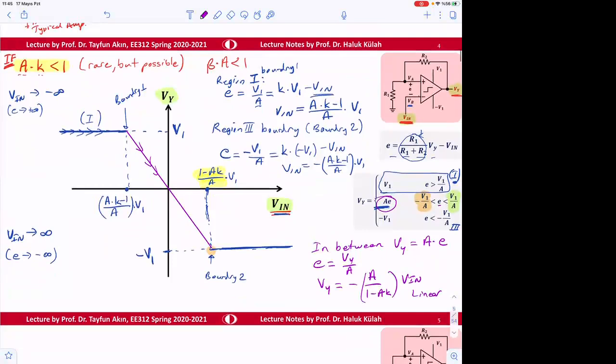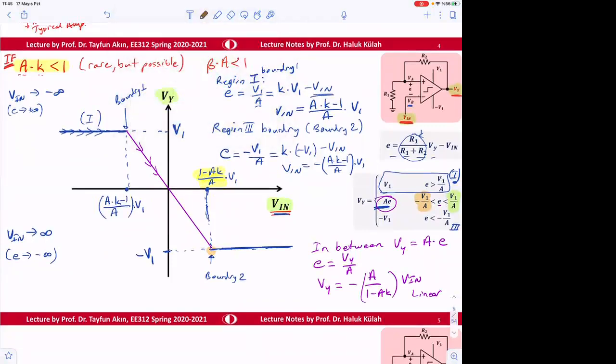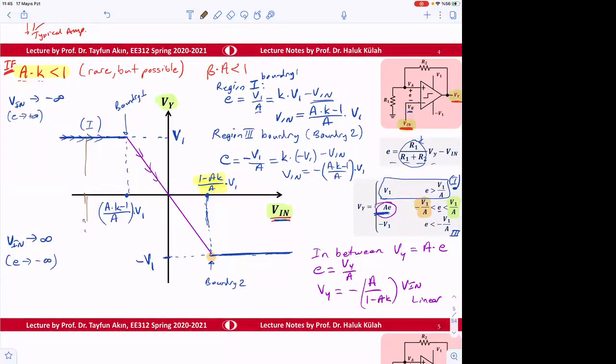So depending on Vin, for each Vin value, we have one stable Vy value. Not very interesting.